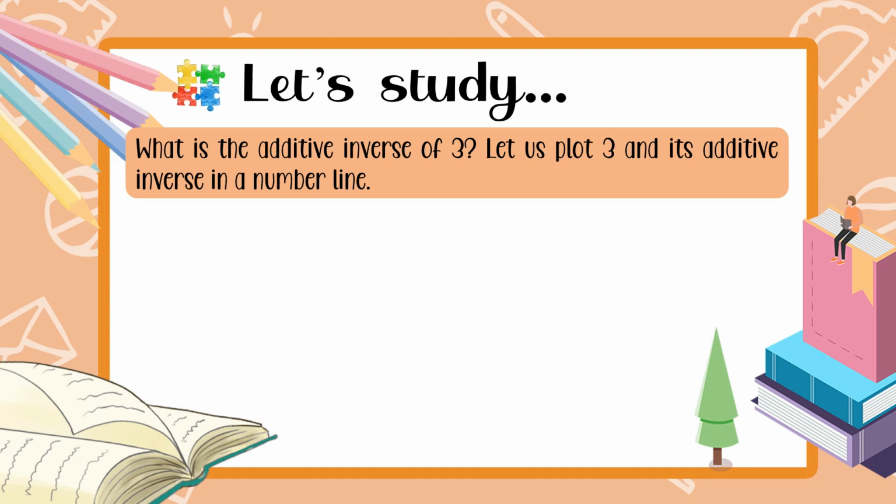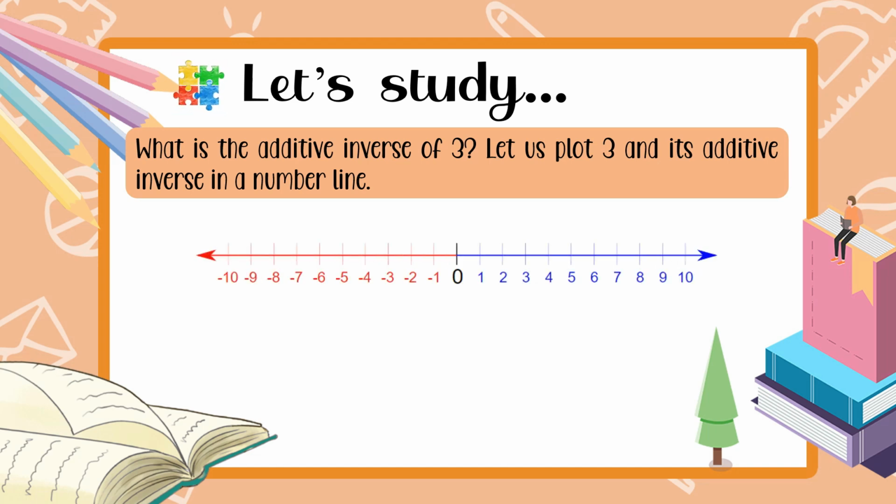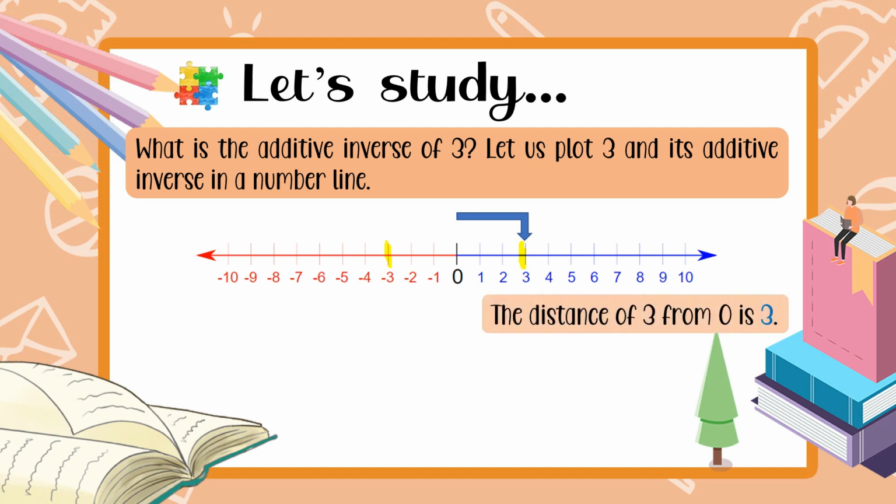Let us plot 3 and its additive inverse in a number line. So, we have here the number line, and positive 3 is here. Negative 3 naman is here. Okay? From 0 to positive 3, the distance is 3.